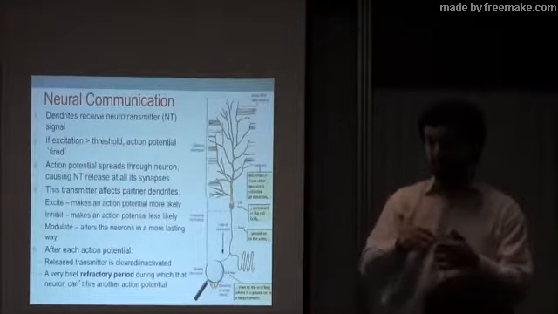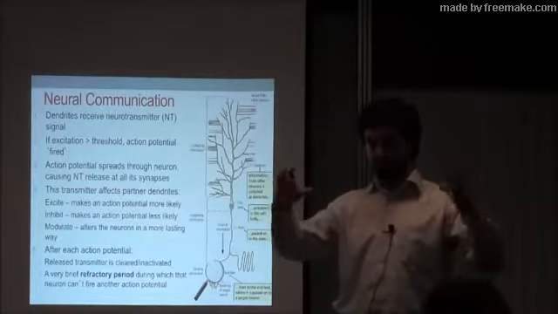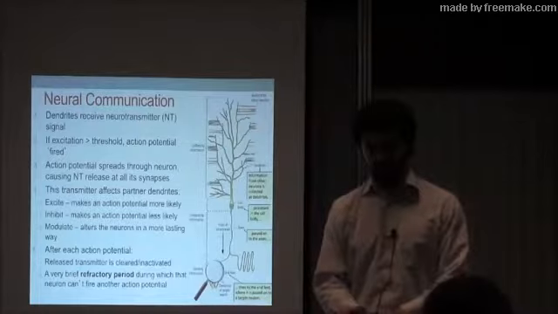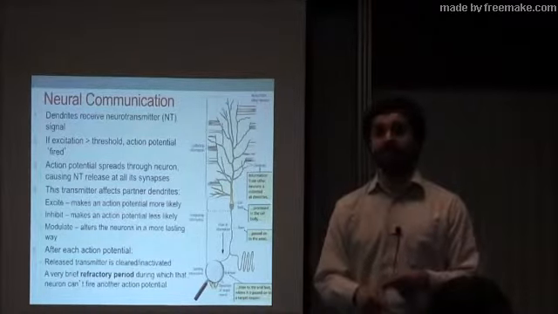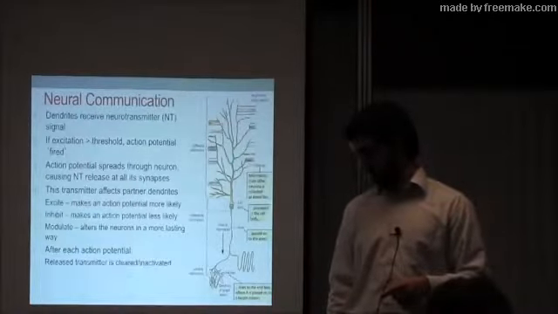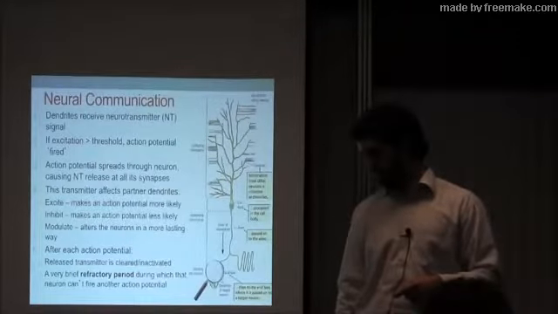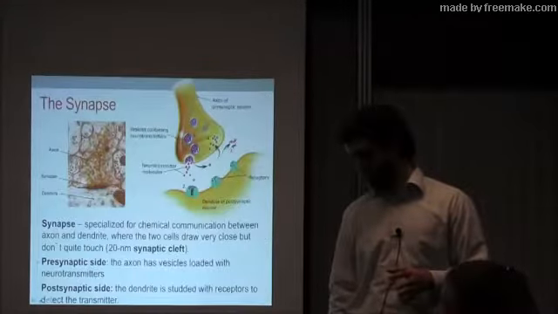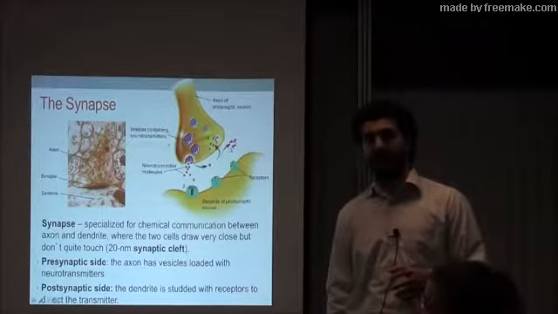Once there is an action potential, it goes through the whole dendrites, collects to the soma, the cell body. And then from the soma, through the axon hillock, through the axon, it goes the whole way down to the axon terminals, the boutons.